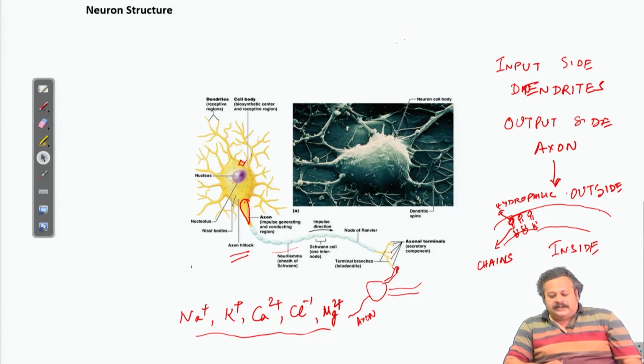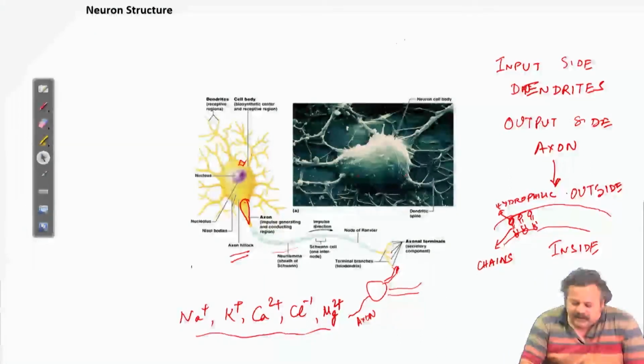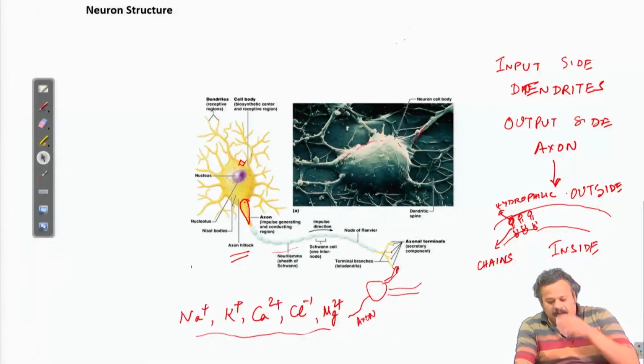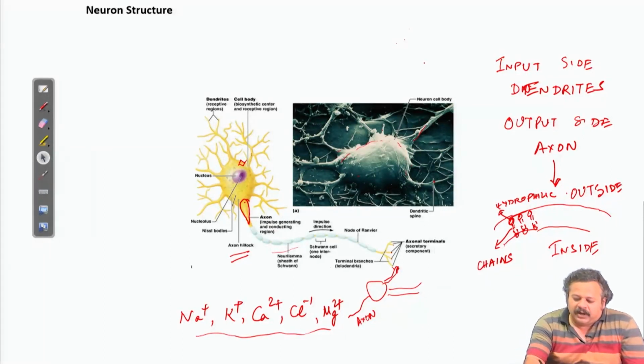As you can see here, in this particular diagram, this is an example where we have the soma in a cultured neuron, and there are multiple dendrites that have projected from the neuron cell body, and these dendrites have protrusions on them which are called the dendritic spines.